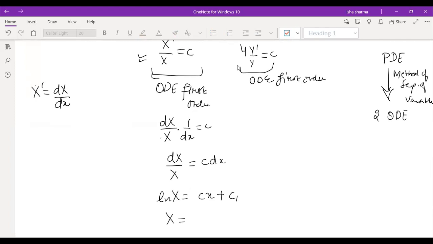So capital X is going to be e raised to power c1 into e raised to power cx. This e raised to power c1 is another constant you can put. So this is a solution of this differential equation.